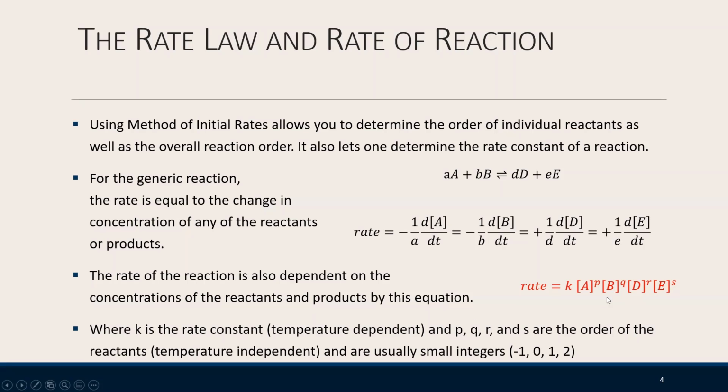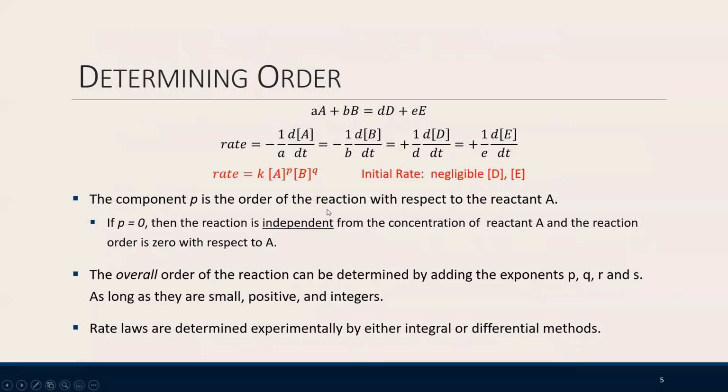The k here is the rate constant. It's temperature dependent. And p, q, r, s are the orders of the reactants. Usually they are small integers, so those numbers can run from -1 to 0, 1, or 2, right? So that's for the generic reaction.